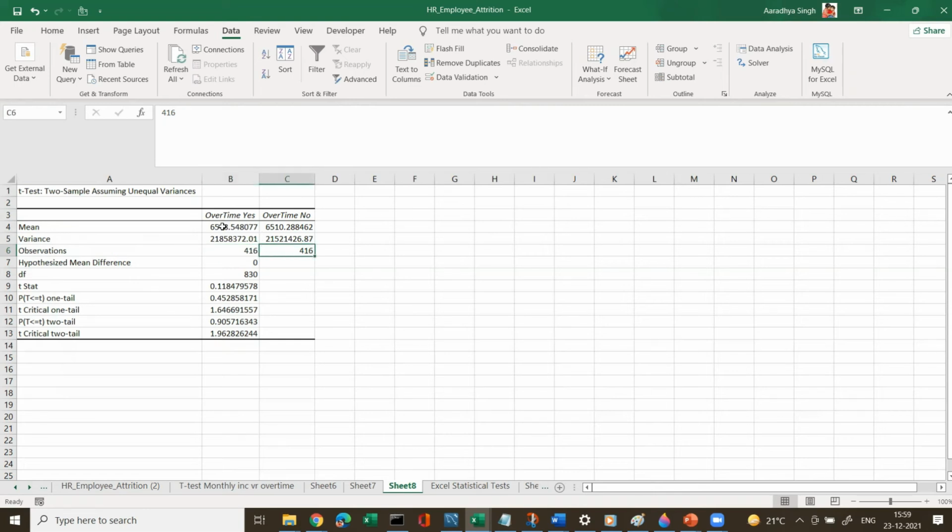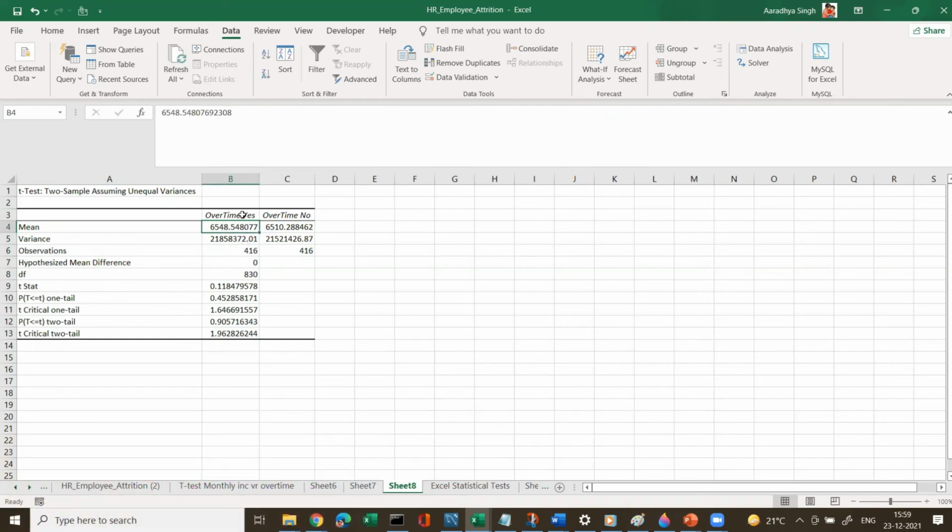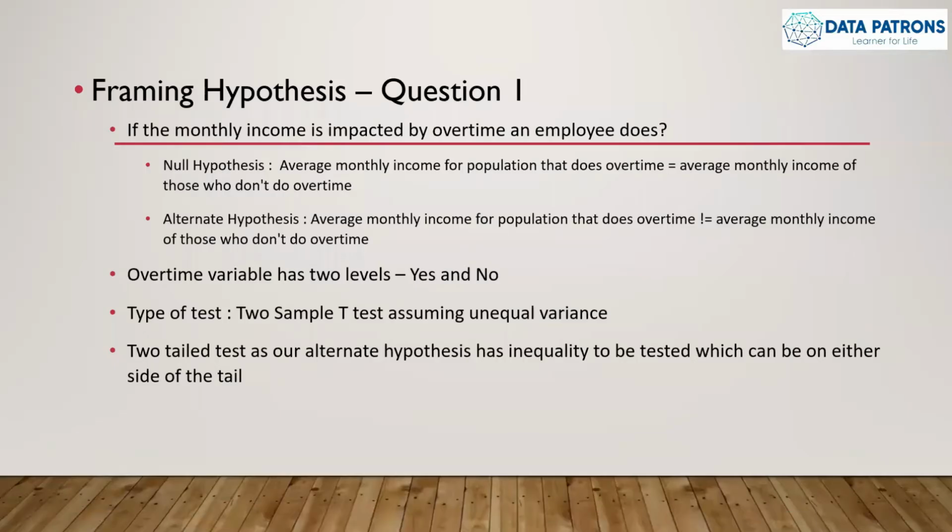But just looking at the mean, we cannot say that the monthly income of the group that does overtime is higher than the monthly income of the group that doesn't do overtime. When we do this kind of test, we have to infer using the p-value. And for this, if you remember, our hypothesis had an inequality sign. I'll take you back to the hypothesis.